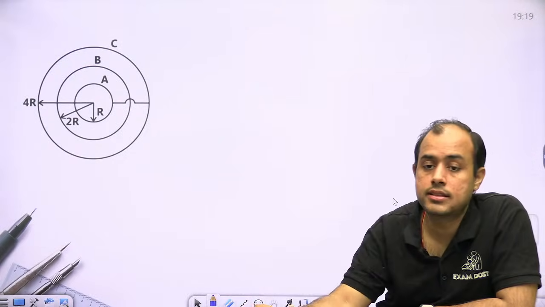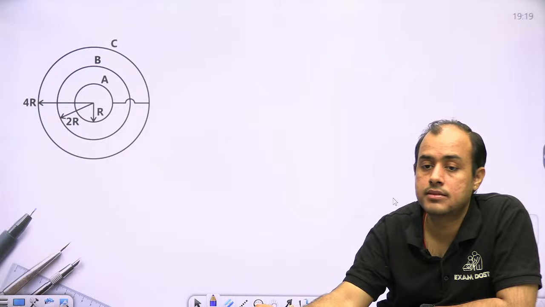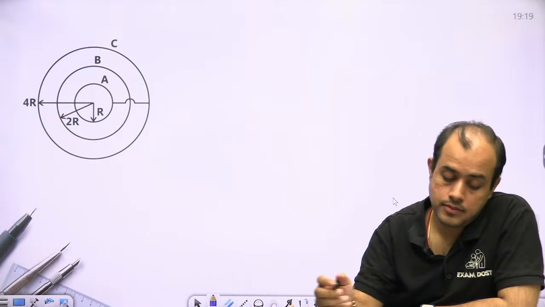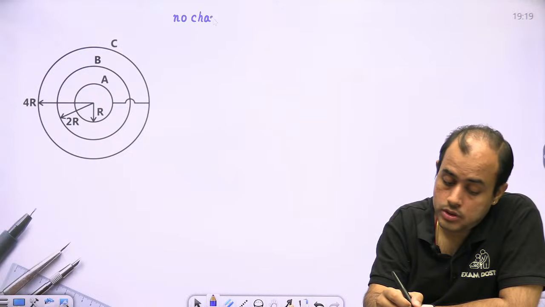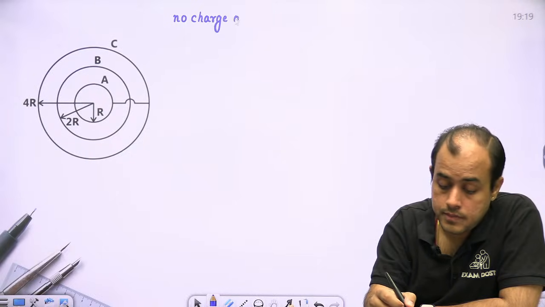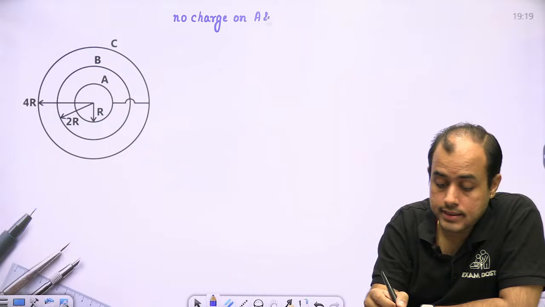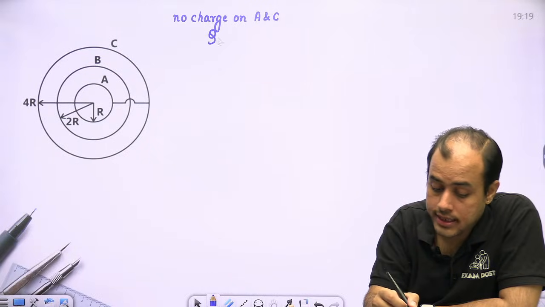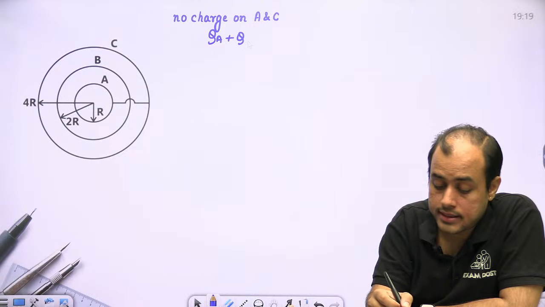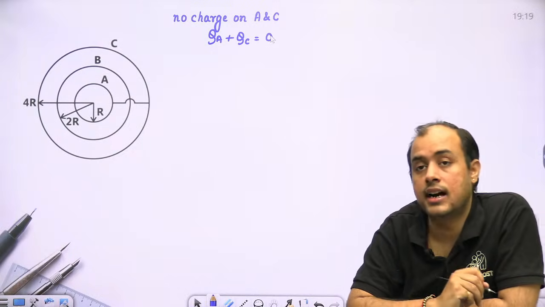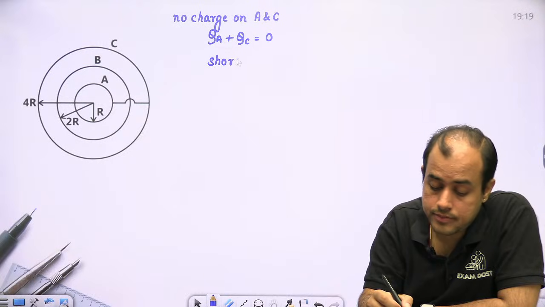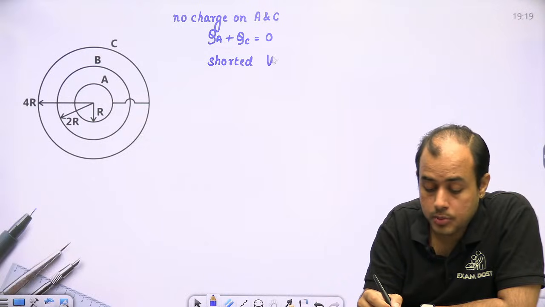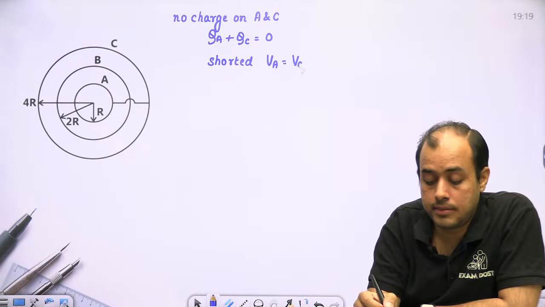We have nothing on A and C, they were uncharged earlier. We have to assume no charge on A and C because they have not mentioned anything about the charges on A and C. So their net charge will be 0. Okay? And when they are shorted, their potential should be equal.